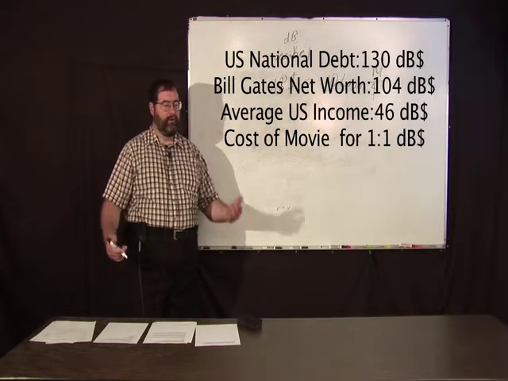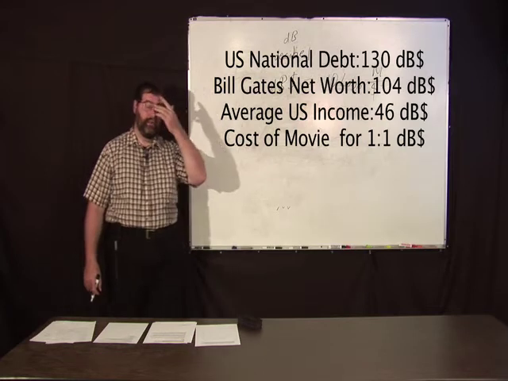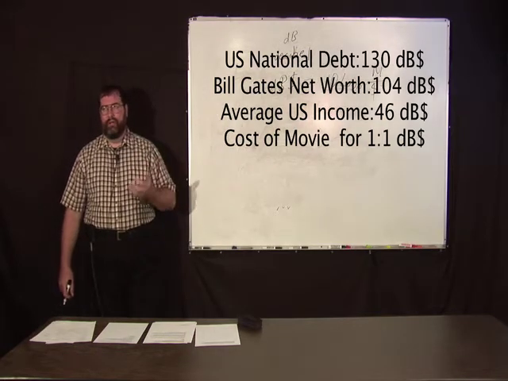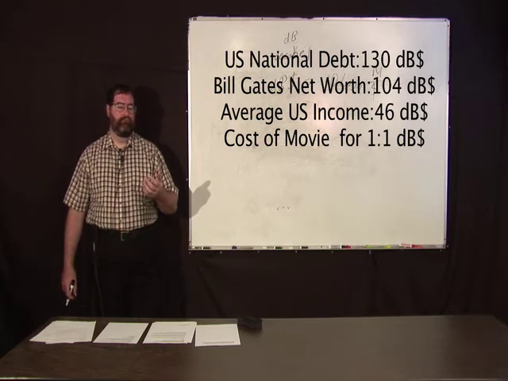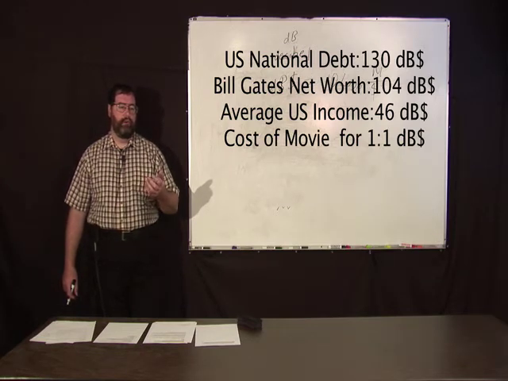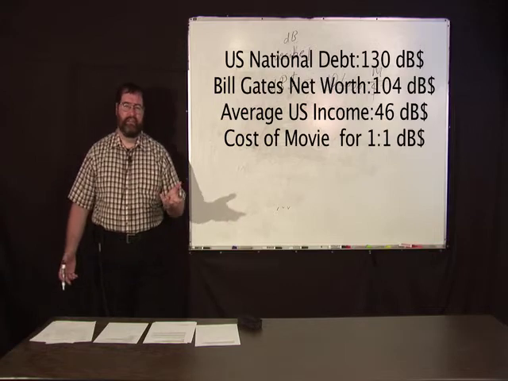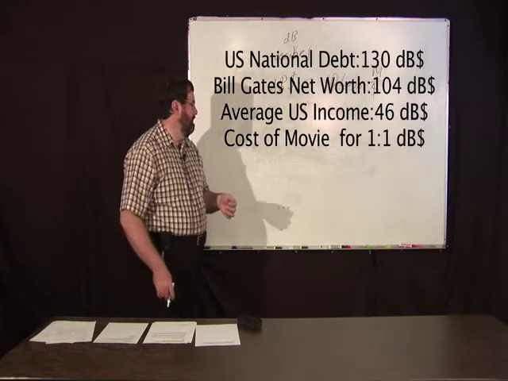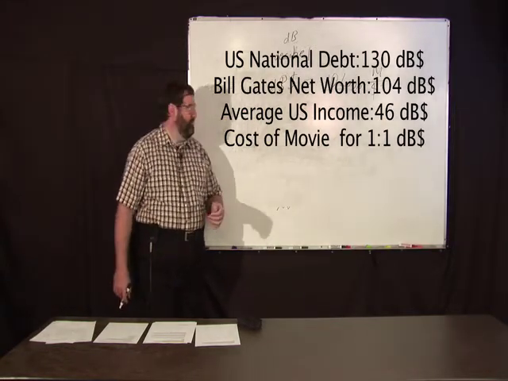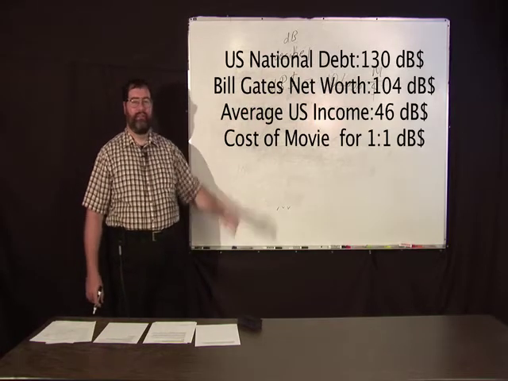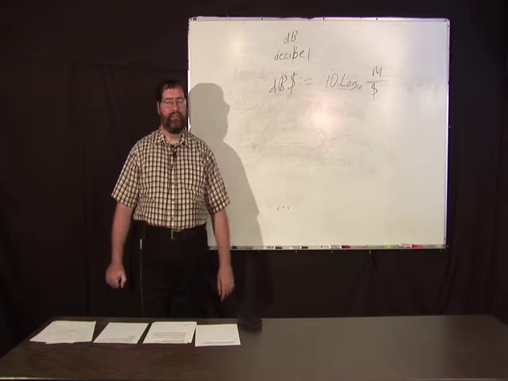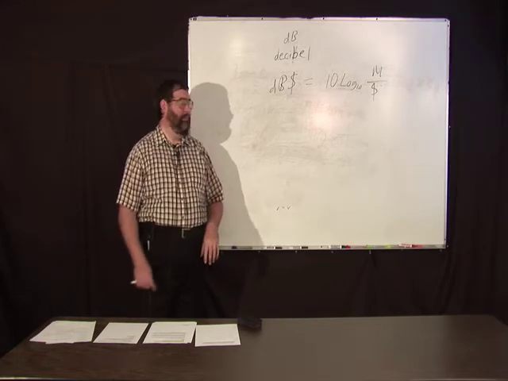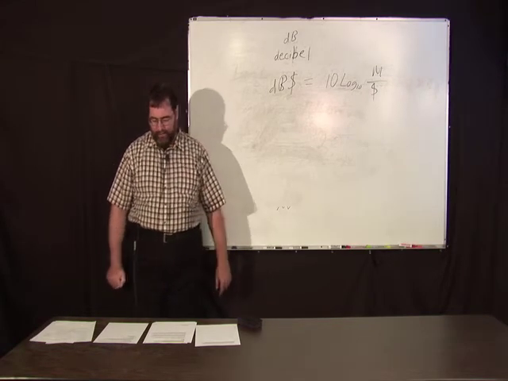The average family in the United States maybe makes 46 dB dollars. Doesn't sound so bad when you look at it in those terms. Also, most engineers would rather have their raises given in whole dB, and we'll see why in a minute.